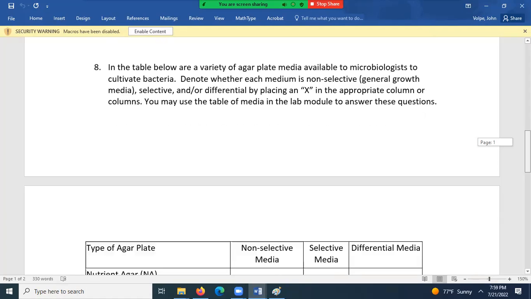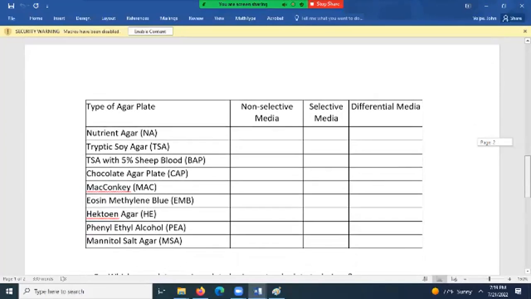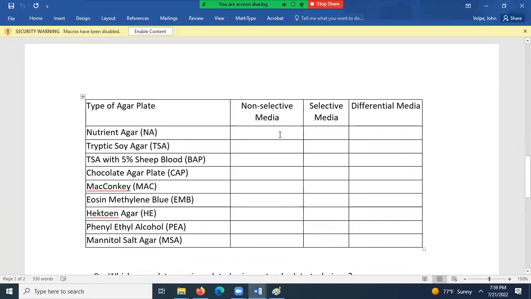You may use the table of media in the lab module to answer these questions. Okay, so nutrient agar, if you think it's non-selective, put an X here. If you think it's selective, put an X here. If you think it's differential, put an X here. And if you think it's all 3, put an X in all 3. And that's how you answer this question.